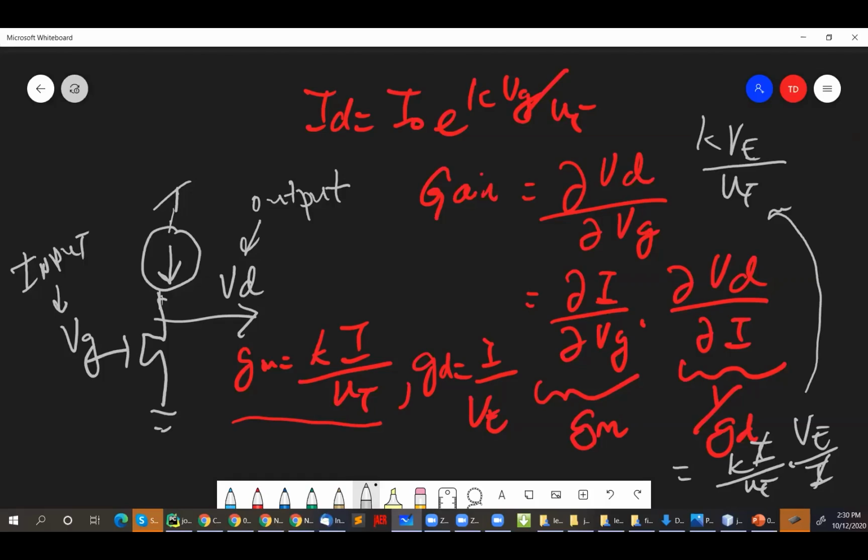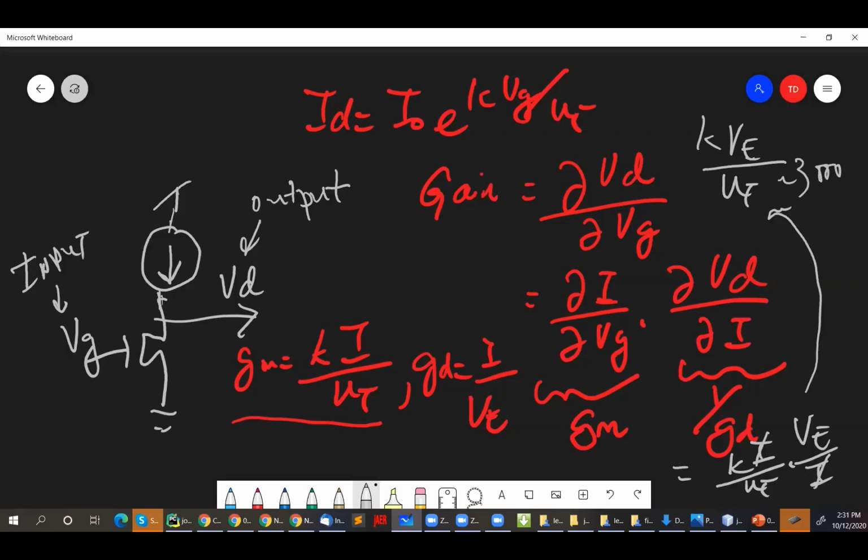Then you can plug in the values. You can assume that kappa is 0.7, the early voltage is 100 volts, and UT is 40 millivolts. If you plug in the numbers, you can get very high gain values. As on your handouts, it's around 3,000, so it's a huge change.